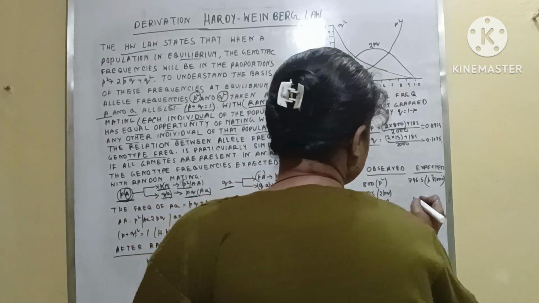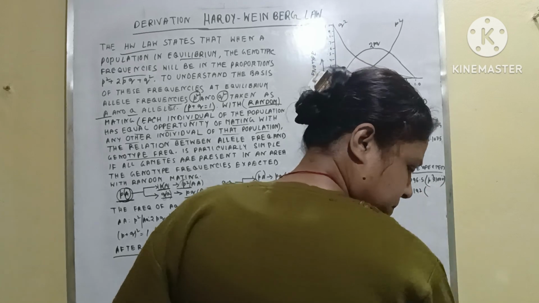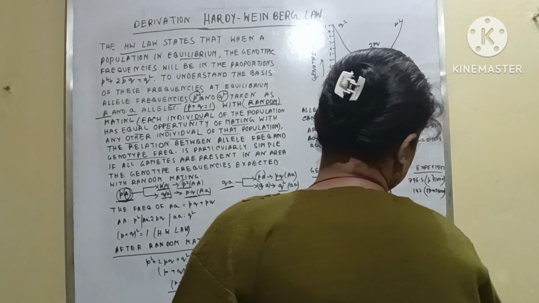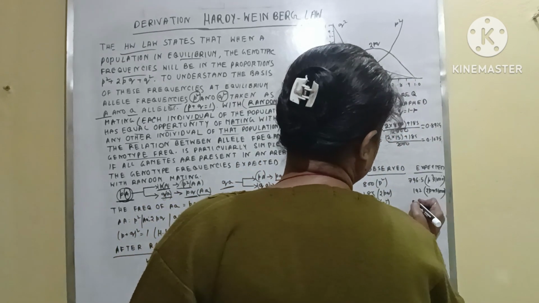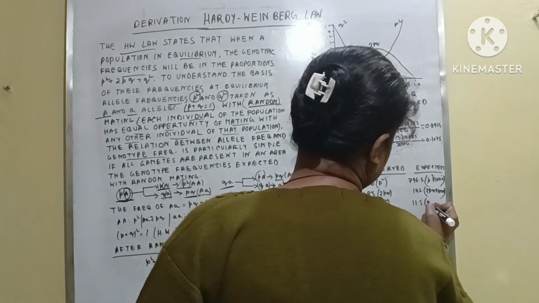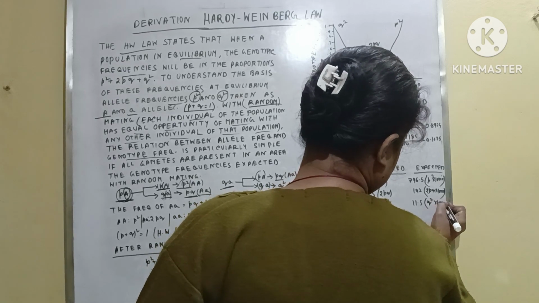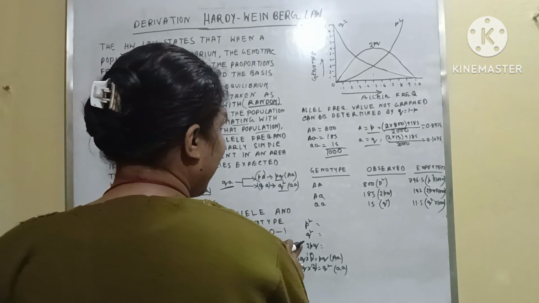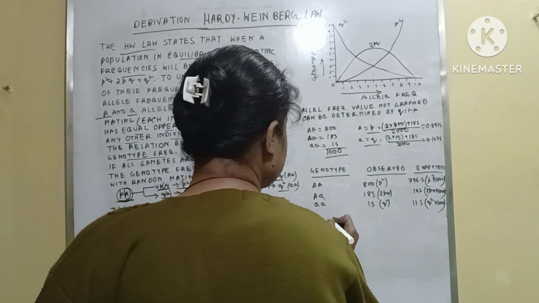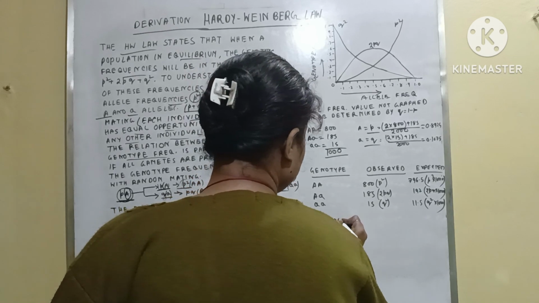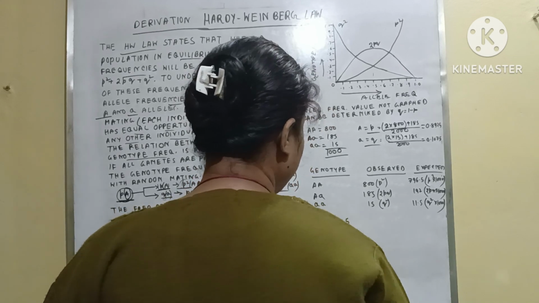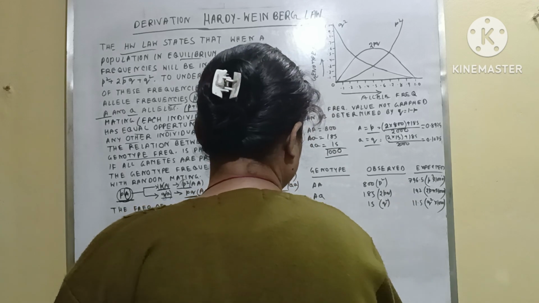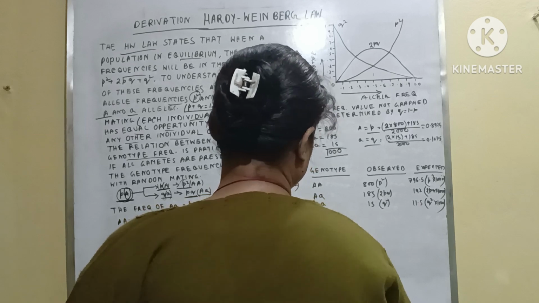Clear? So p square, q square and 2pq. The p square value first of all here is 796.5. This is the expected value. Q square is 11.5 and 2pq is 192.